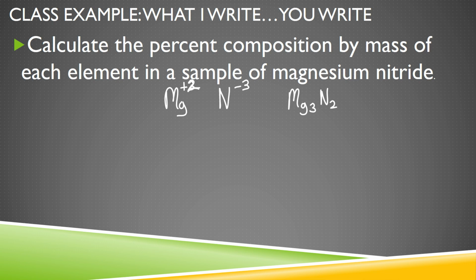Now, what's the next step that I need to do? I need to get the molar mass of it, right? So I have magnesium and I have nitrogen in this. I have 3 magnesiums. I look up magnesium's mass on the periodic table. It is 24.31.